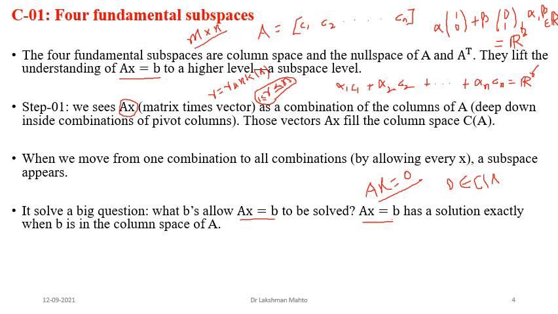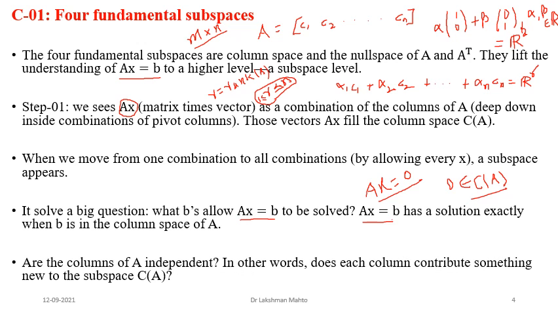Every subspace in linear algebra, whatever you take, whether it is parametric space or data space, will always contain 0. So that's why this homogeneous system is always consistent. We only have to worry about the non-homogeneous part: when it is consistent and when it is inconsistent. If it is inconsistent, we have to go for a least square solution or some other solution.